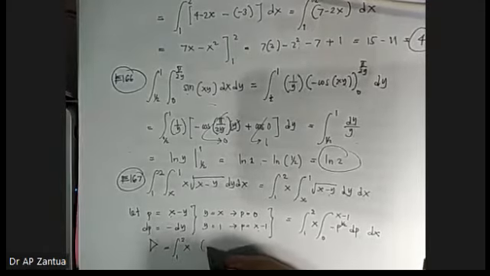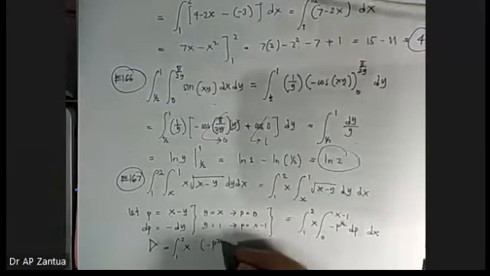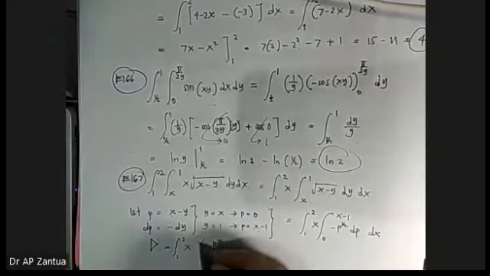So negative p to the 3/2 over 3/2. Over 3/2, that is 2/3. So 2/3, from 0 to x minus 1, dx.